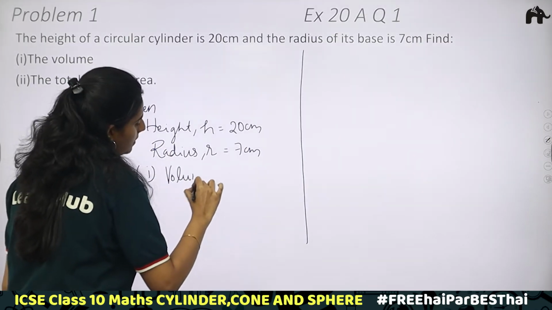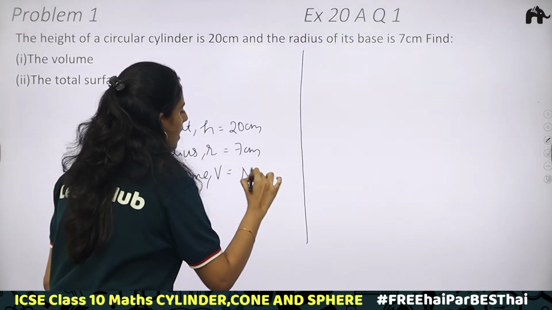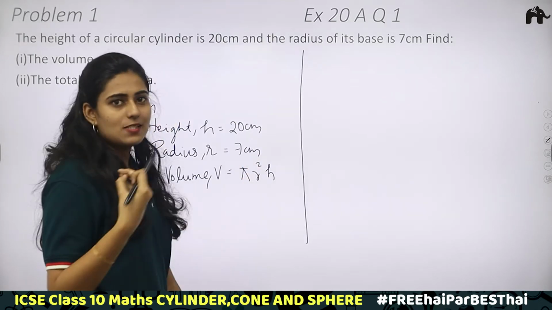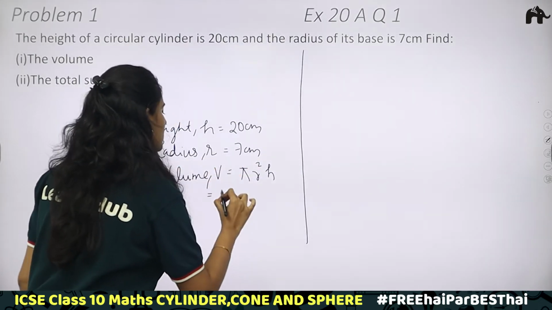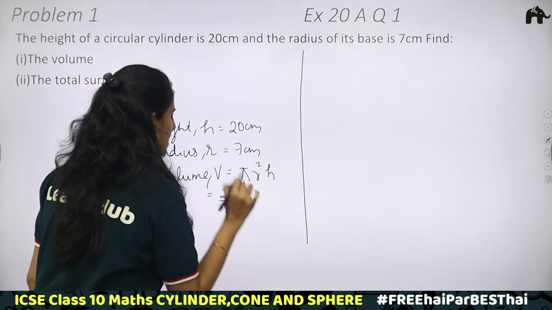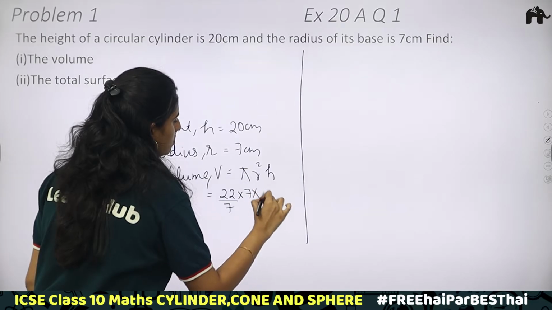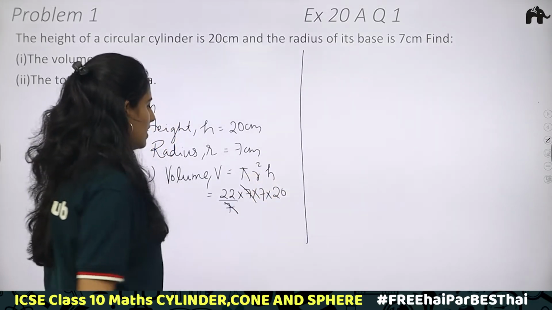How to find volume? Volume V of a cylinder is equal to pi r square into h. If you have the formula ready with you, just by substituting the values, you can easily find the answer. That is 22 divided by 7 into 7 square, 7 into 7 into height 20. 7 and 7 get cancelled.